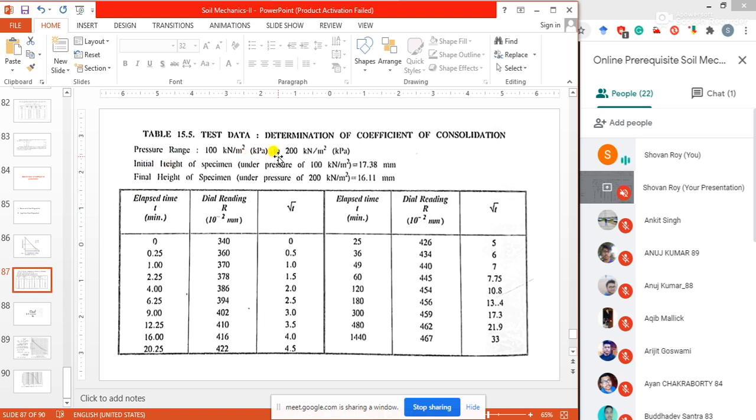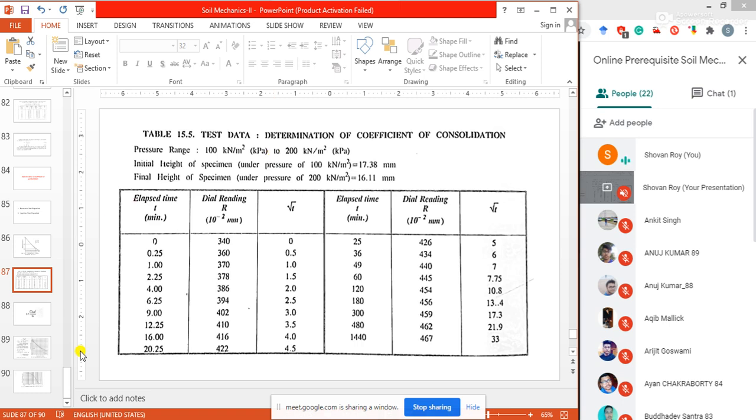Suppose in your laboratory test there are lots of pressures. Here the pressure range is, suppose, 100 kN/m² to 200 kN/m², or 100 kPa to 200 kPa.